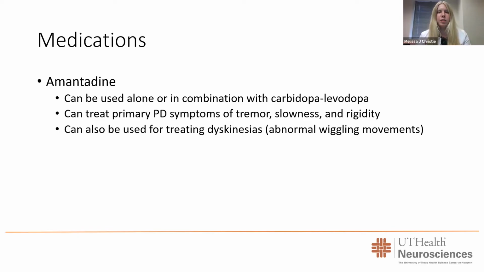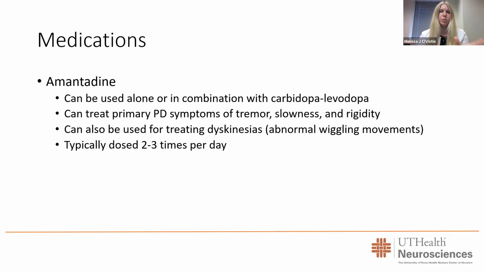The rest of our medications can actually potentially worsen those abnormal movements. And so this medication sometimes is added early on for treating the typical Parkinson's symptoms, but also sometimes added on later to try to treat those dyskinesias that can be a side effect of our other treatment medications.